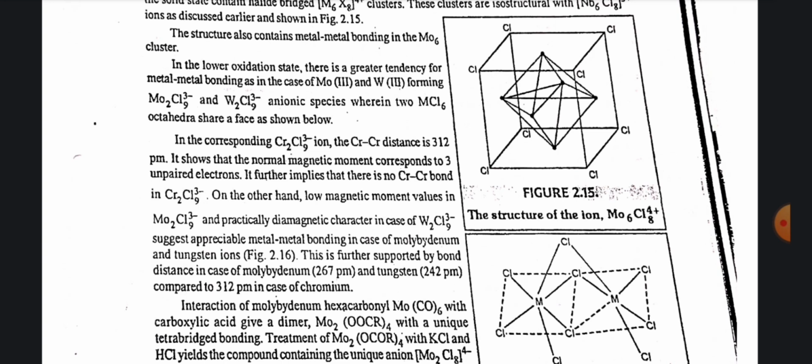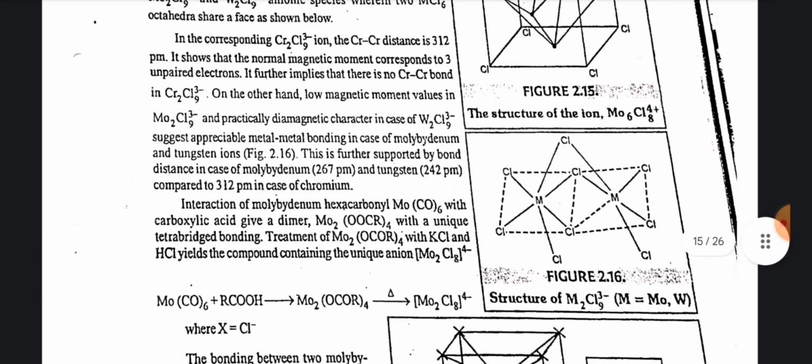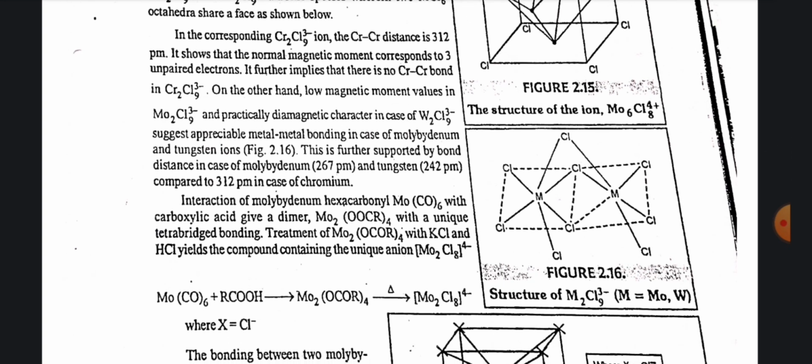In the lower oxidation state, there is a greater tendency for metal-metal bonding, as in the case of Mo and W forming Mo2Cl9 3- and W2Cl9 3- ionic species wherein two MCl6 octahedra share a face as shown below. In the corresponding Cr2Cl9 3-, the Cr-Cr distance is long, and the magnetic moment shows the normal value corresponding to 3 unpaired electrons.